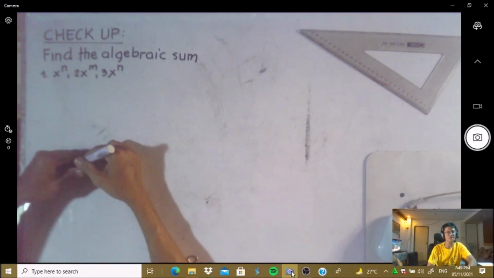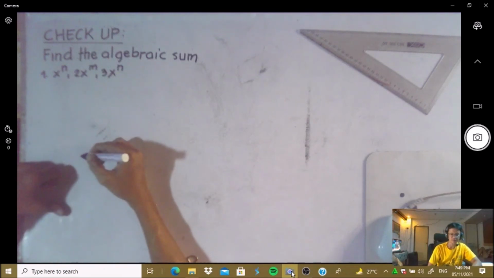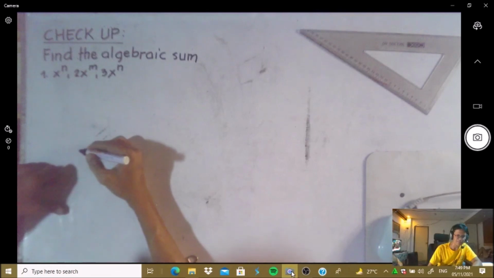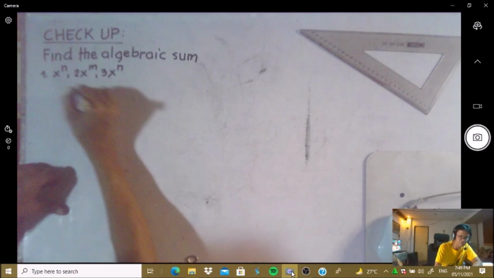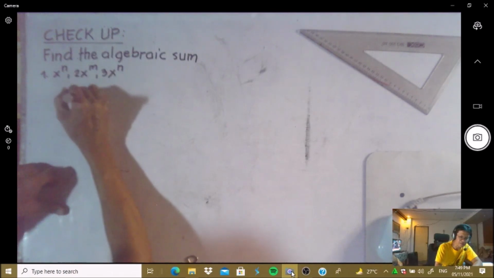We have to follow that the letters should be arranged alphabetically, so we have to start with letter m for the power. Okay, so we have to add x.